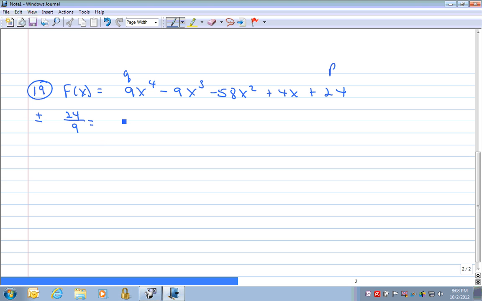So the factors of 24 are 1, 2, 3, 4, 6, 8, 12, and 24. And the factors of 9 are 1, 3, and 9. All right, so we have lots of possibilities. Everything over 1 gives us the top list. I'll repeat that. 1, 2, 3, 4, 6, 8, 12, 24.